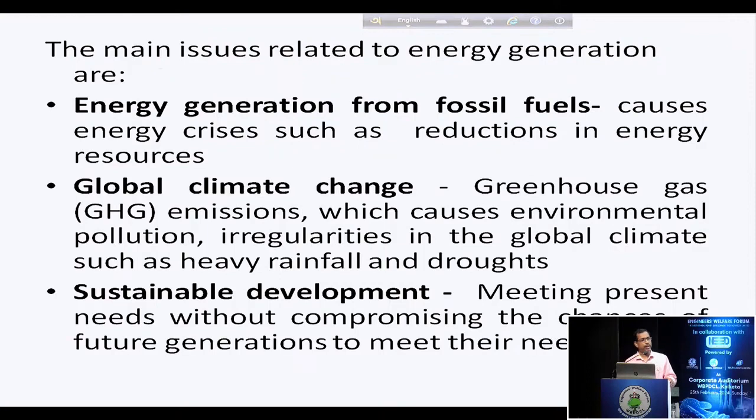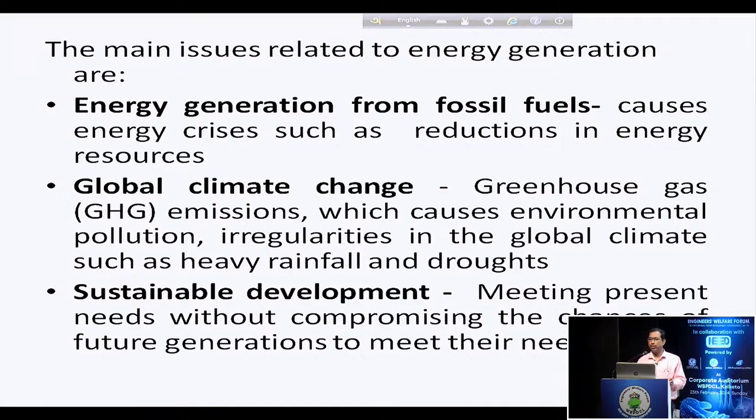Now you are experts in energy and also power. You know that energy generation mostly comes from fossil fuels, and you know the impact of that kind of power generation on the environment.